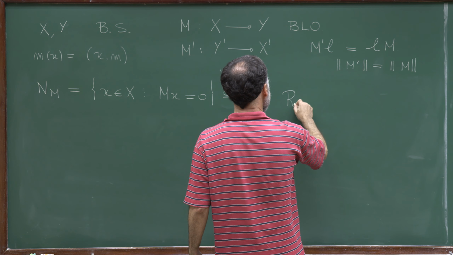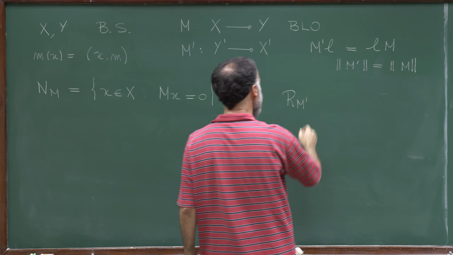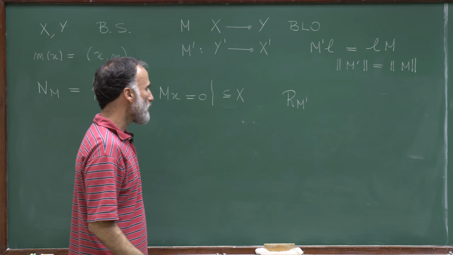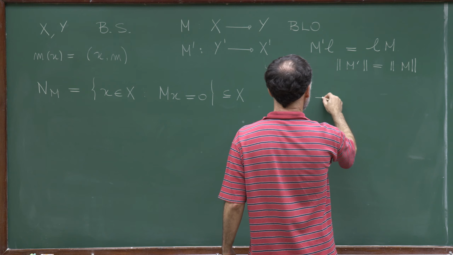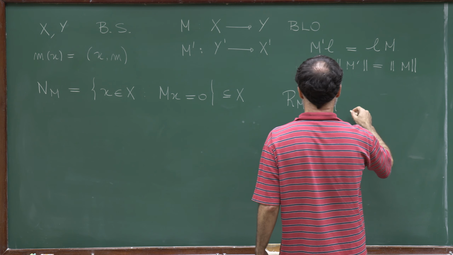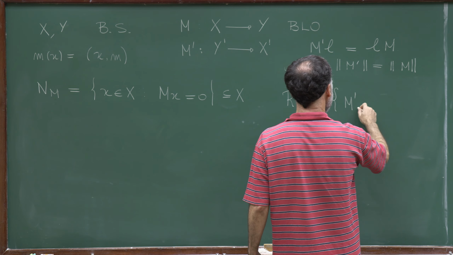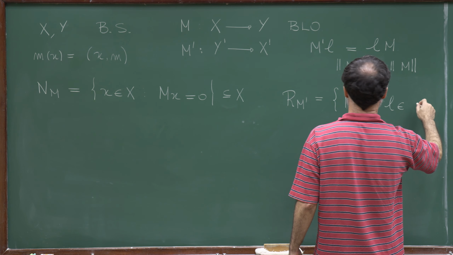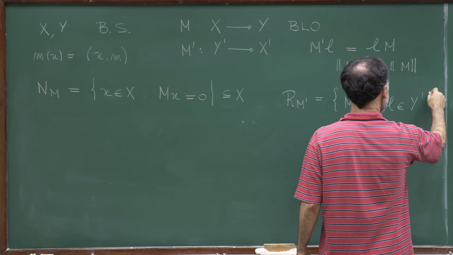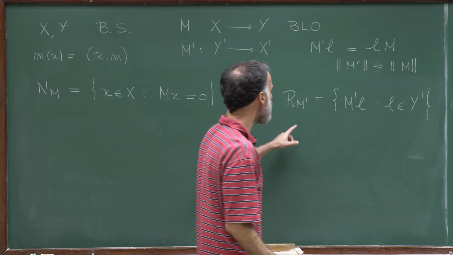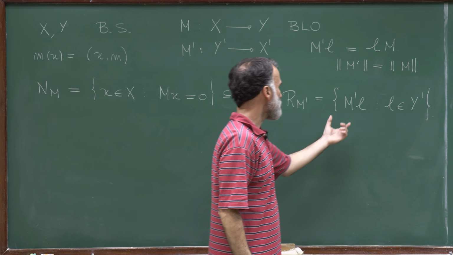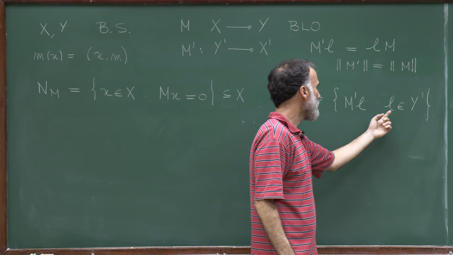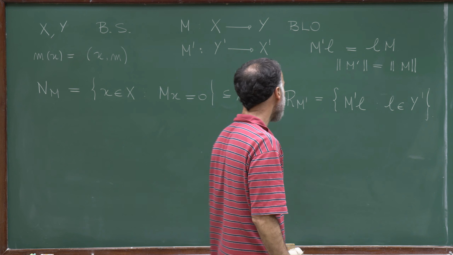And let me represent by Rm prime the image of M prime. So this is the space of all M prime L, where L belongs to Y prime. So just the range of M prime, the space of all M prime L for L in Y prime.